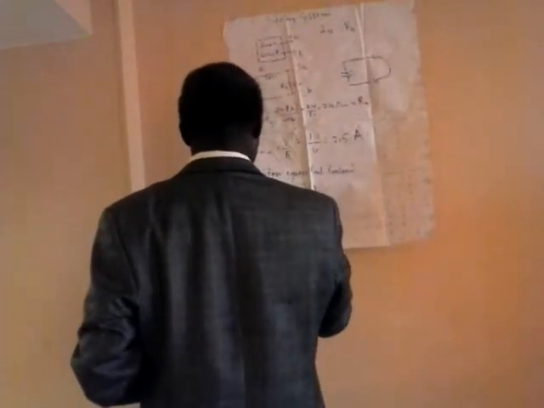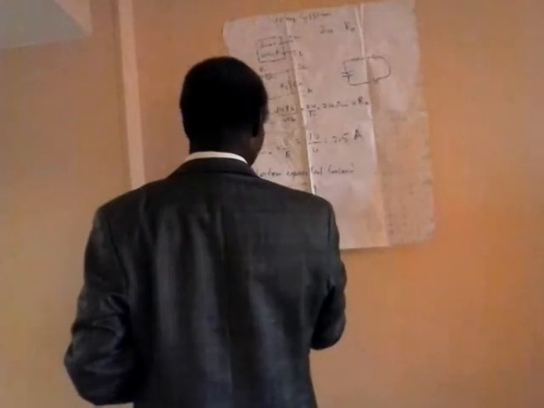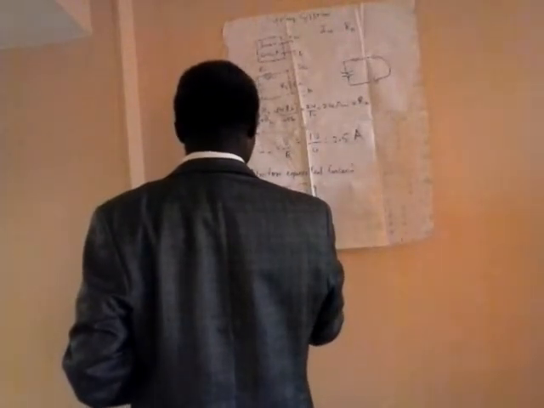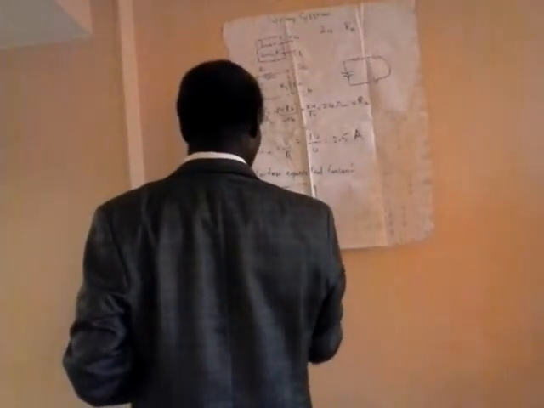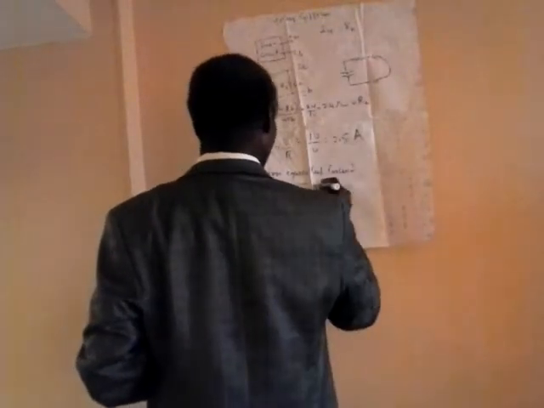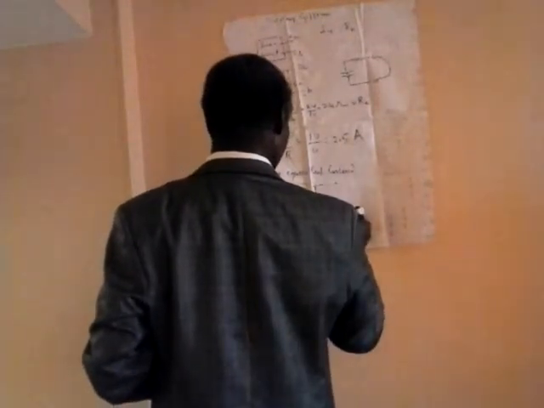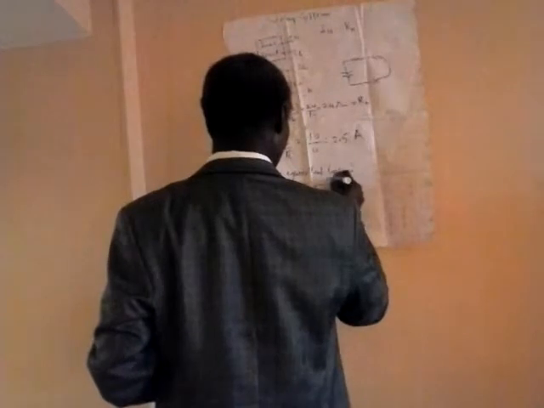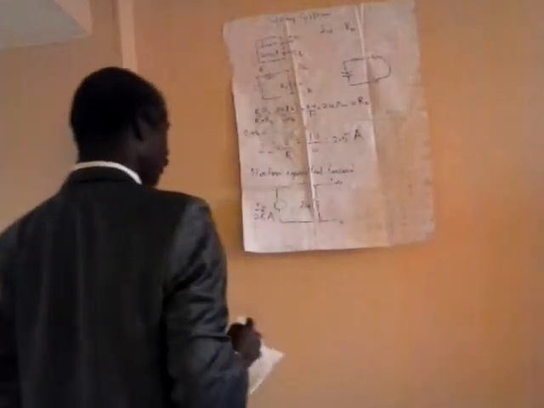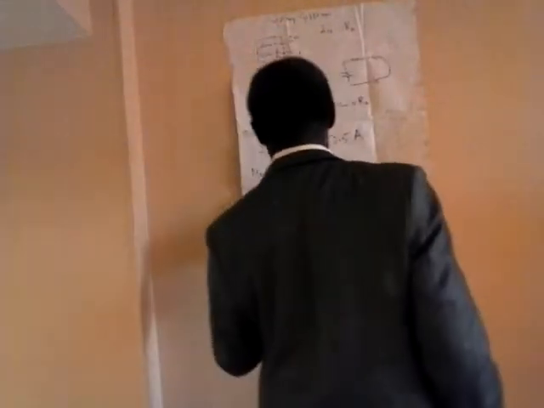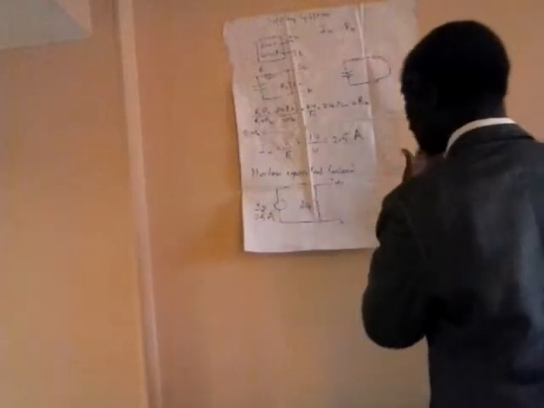And this is A and B. So we get I Norton equals 2.5 amps in parallel with 2.4 ohms, and that is the Norton equivalent circuit.